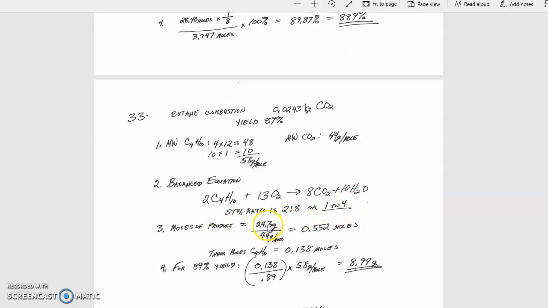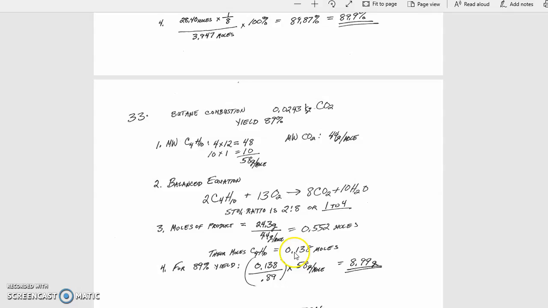So here's your moles of product, right? And this is your grams per mole. So you have a total of 0.552 moles of product produced. The theoretical moles of this would be 0.138, right? So 0.138 divided by 0.89 times 58 grams per mole, which is the molecular weight of that, gives you 8.99 grams of butane.